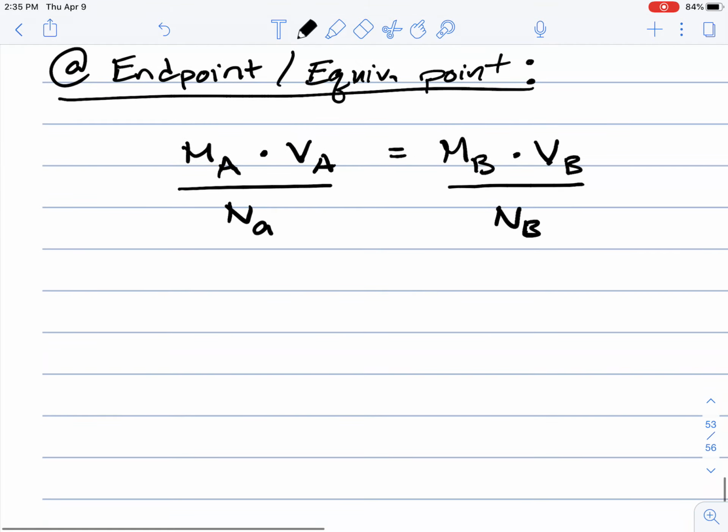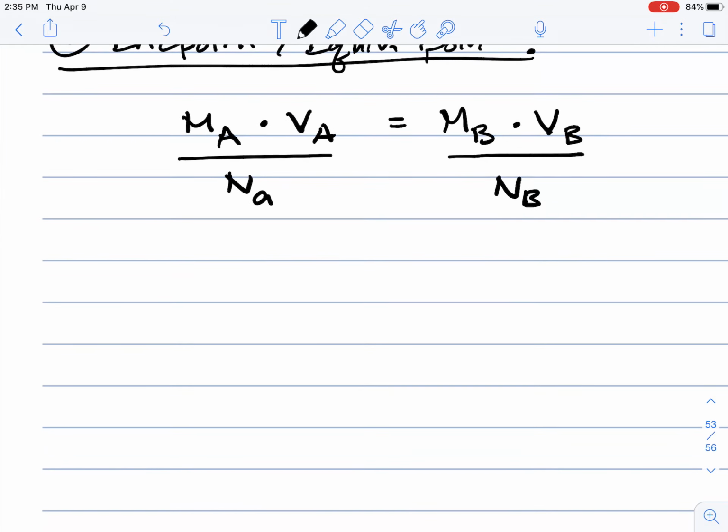So what do M, V, and N mean? M represents molarity. V represents the volume. That applies to all the M's and the V's that you see.